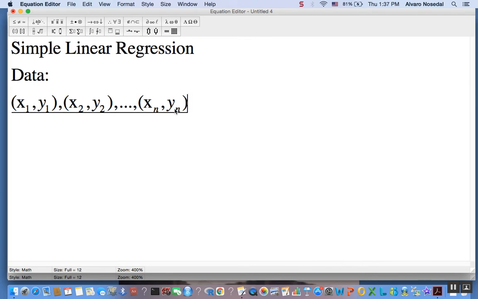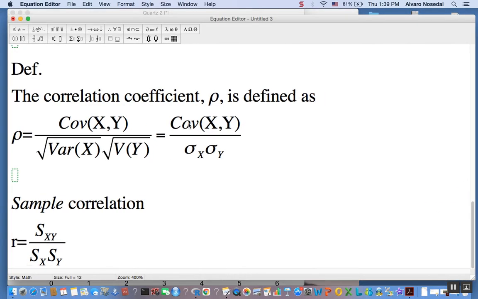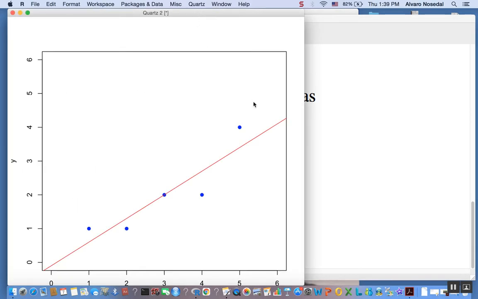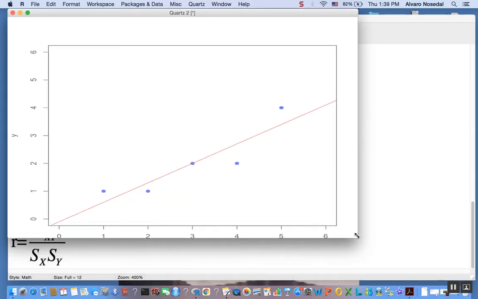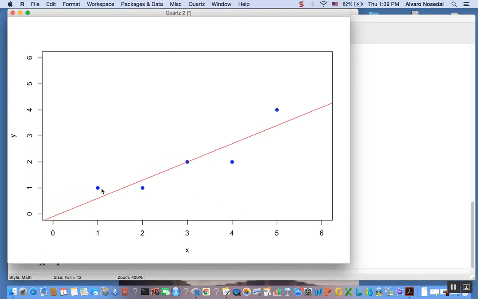Okay, so let me show you a graph. Okay, so here's the graph that I wanted you to see. We have a scatter plot, right? We have in this case 5 points, and then we add a line, right? And maybe that seems to be a good summary of the relationship that we're seeing between these two variables, x and y, right?